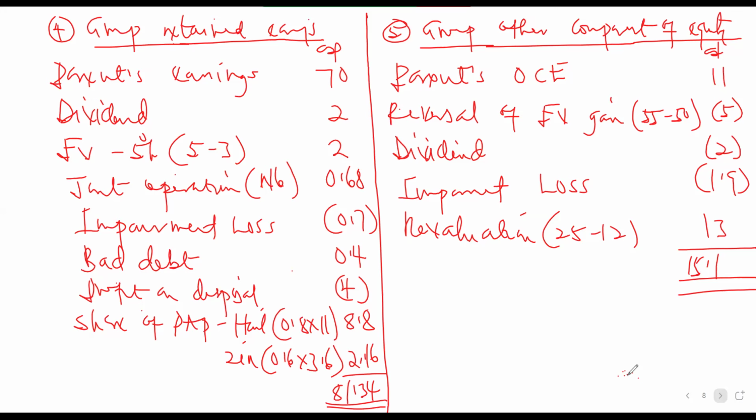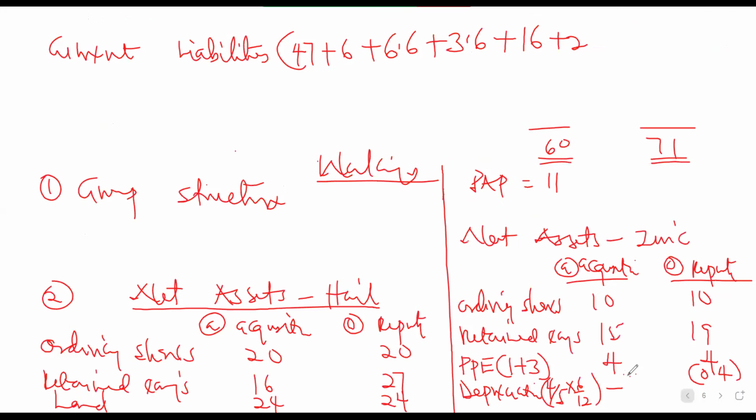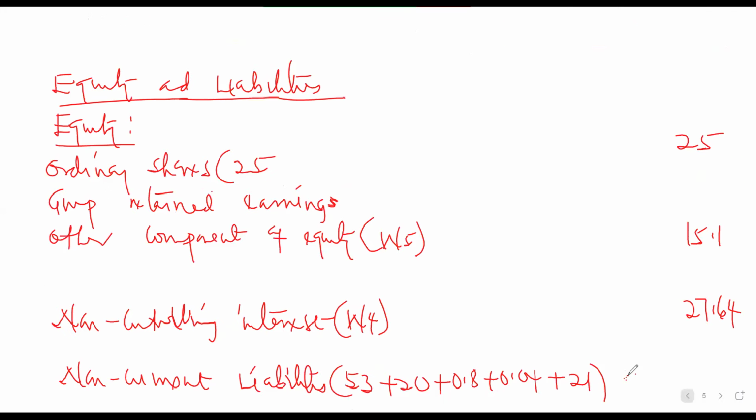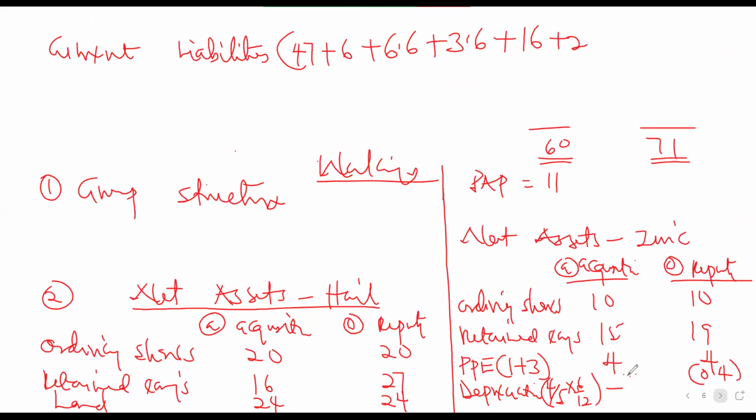Yes, 81.34. Okay. So we have 81.34. That will be workings number 5. So you can now put your liabilities together.